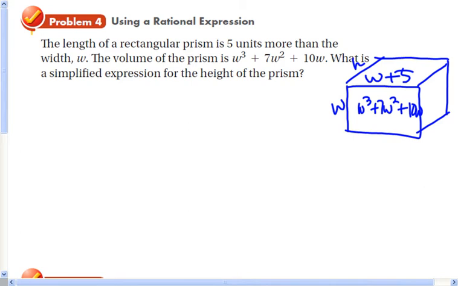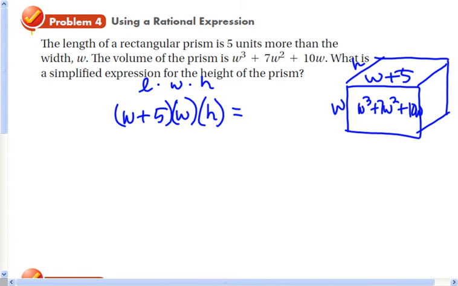Anyway, so we have an expression, length times width times height is equal to the volume. And that's w cubed plus 7w squared plus 10w.